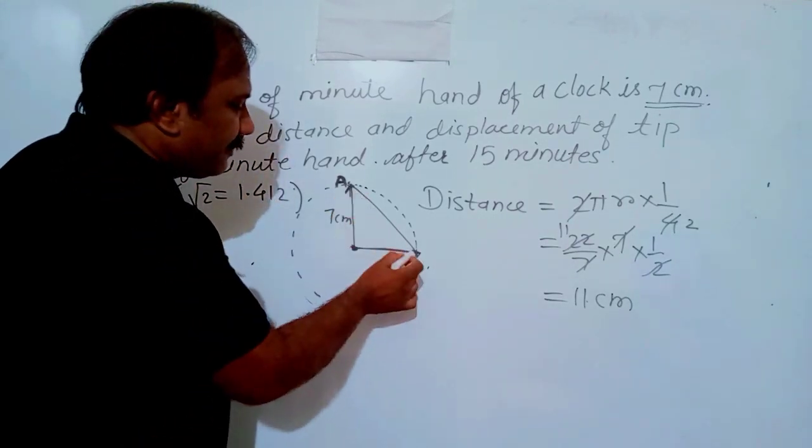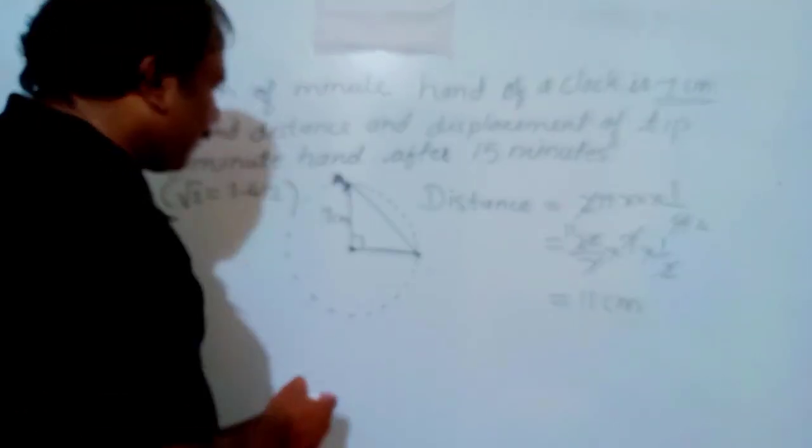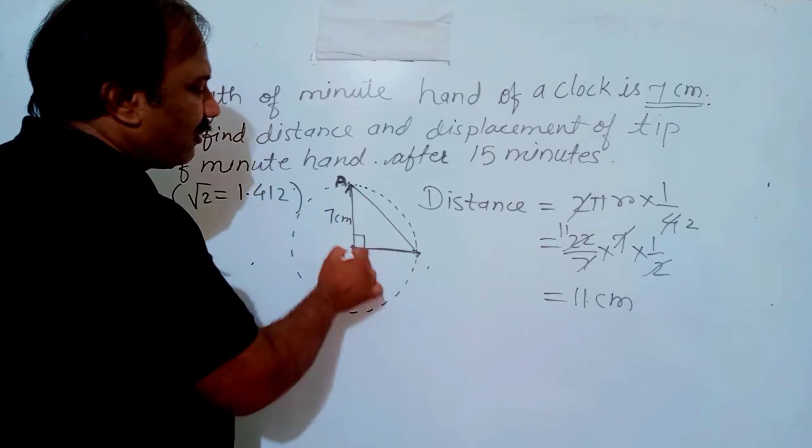Now let us find what is the displacement in this case. So this is the displacement and this is a right angle triangle. So what is displacement? This is the hypotenuse of this right angle triangle.